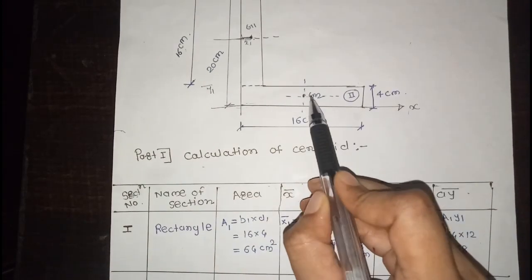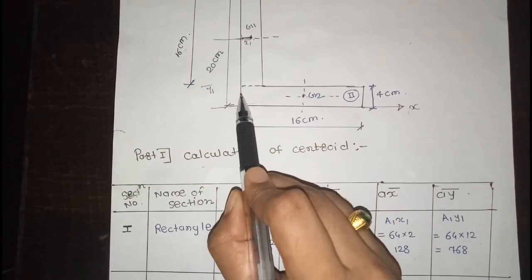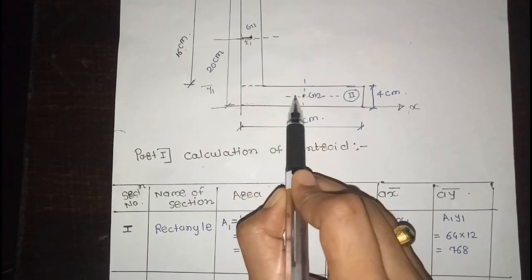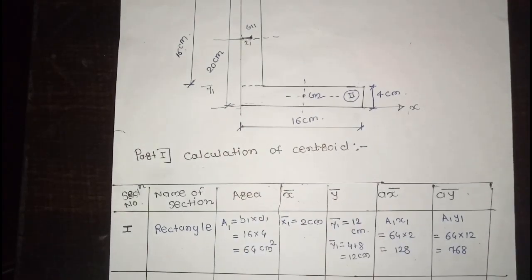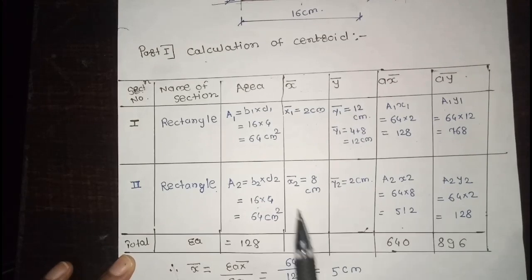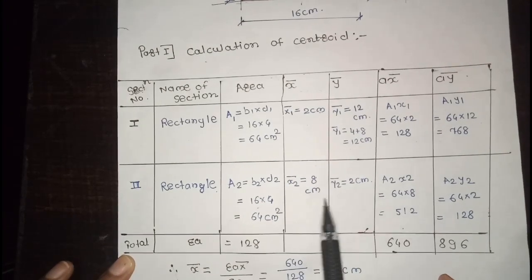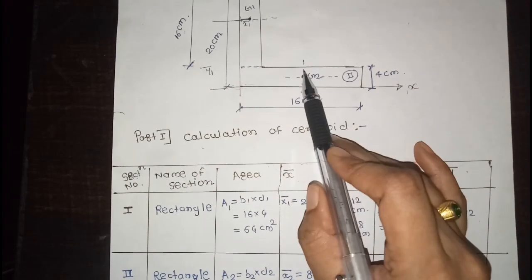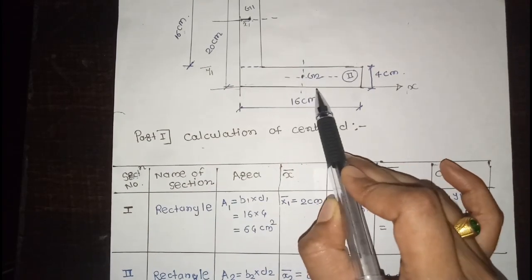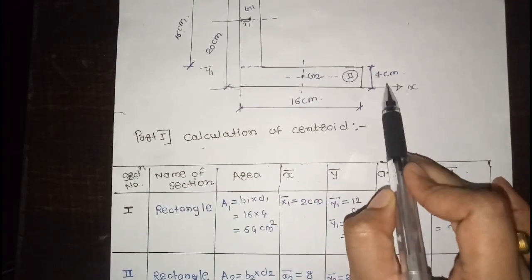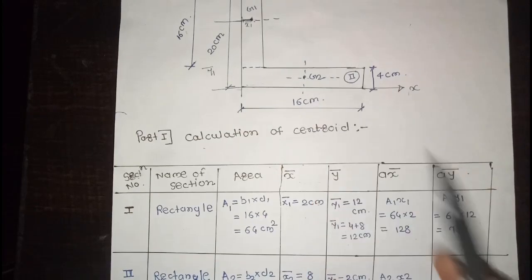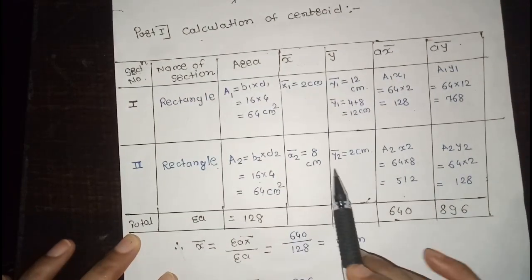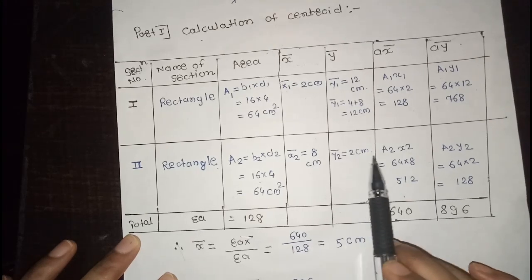Distance between point G2 to base of y-axis means this distance, 16 divided by 2, then we get 8. X2 bar is 8 centimeter. Y2 bar, distance between point G2 to base of x-axis, means 4 divided by 2, means 2. Y2 bar is equal to 2 centimeter.